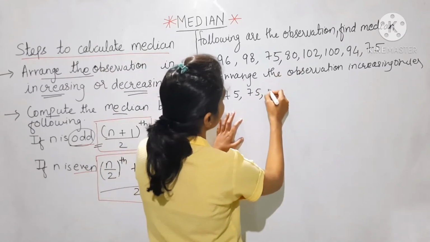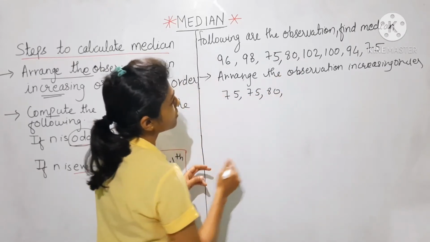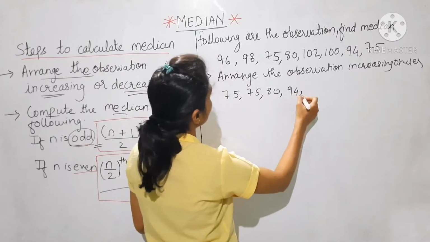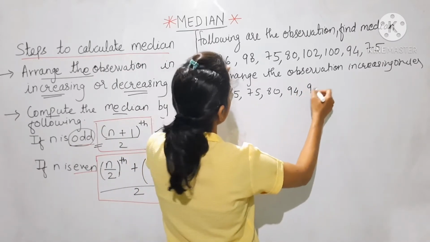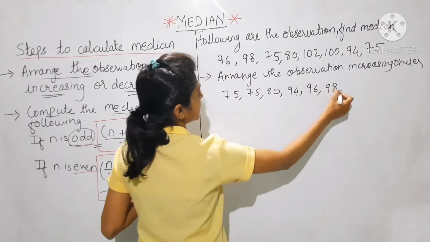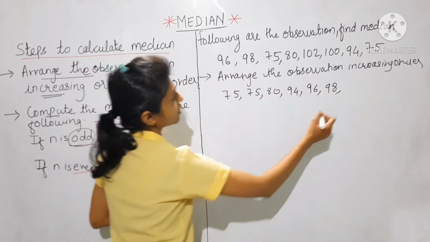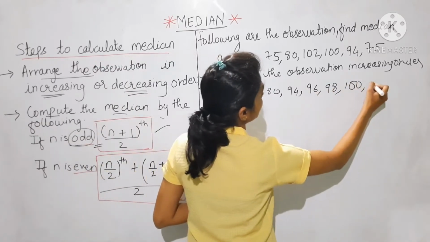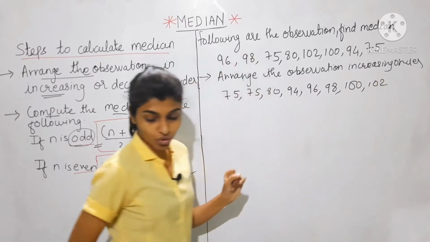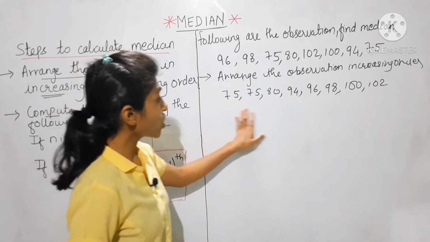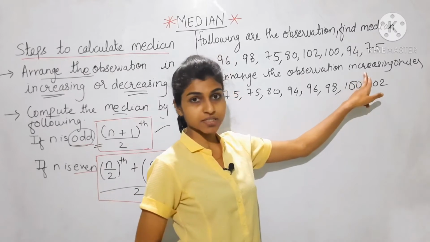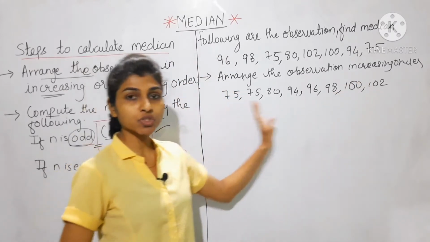Then next is 80. After 80, 94, 96, 98, 100 and 102. Okay, so I have arranged the observation in increasing order, means from smaller number to the greater number.